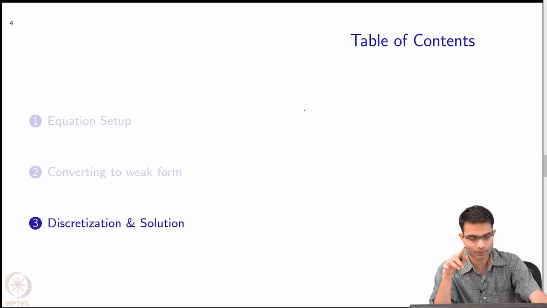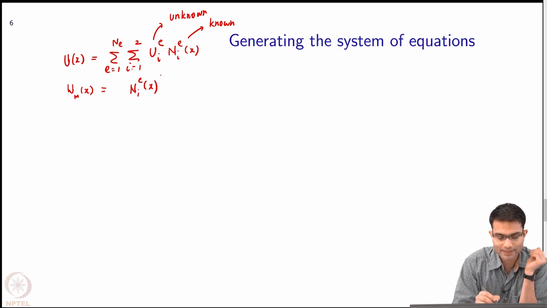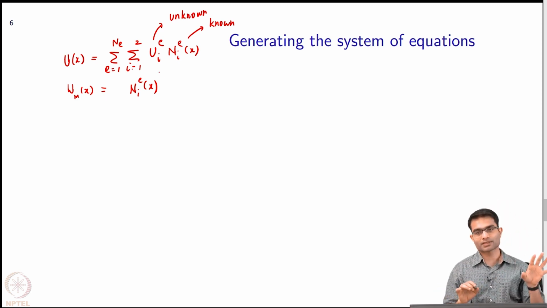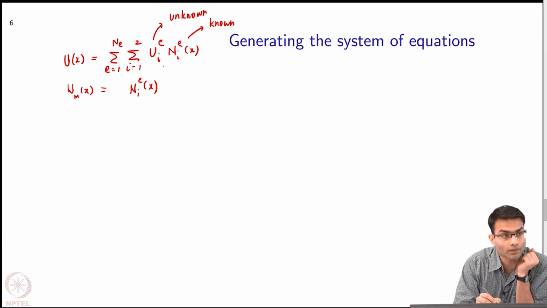But you raised an important point. We said that in Galerkin's method the basis functions and the testing functions are the same, but we still have a little bit of freedom. Do we choose N I E or do we choose linear combinations of N I Es?